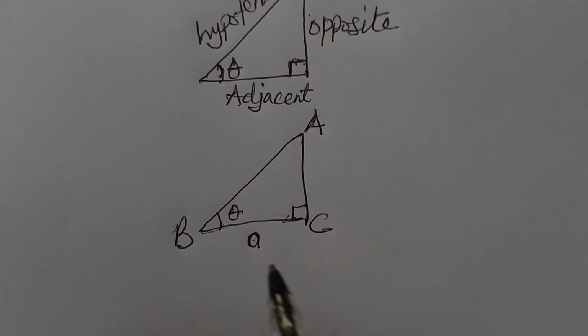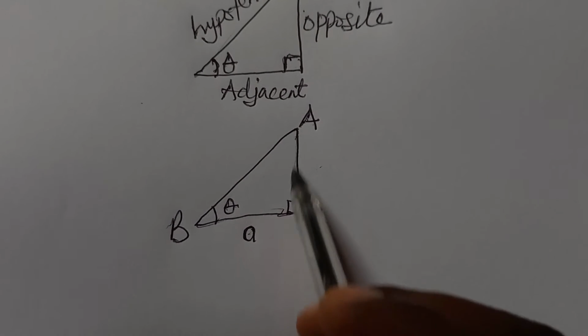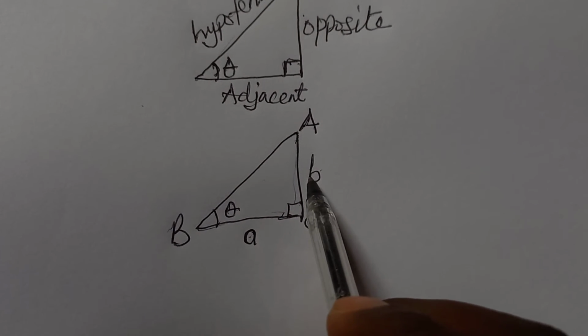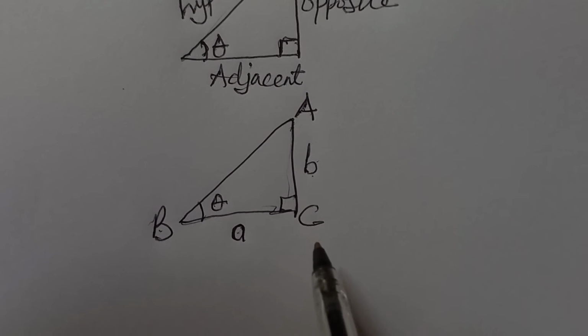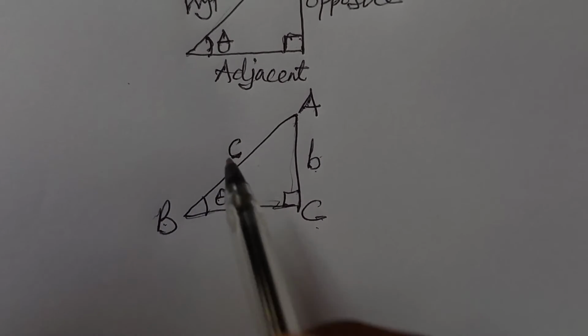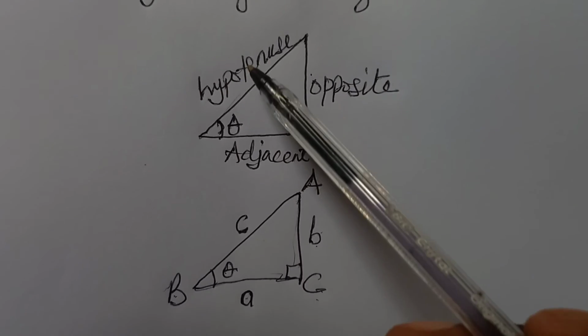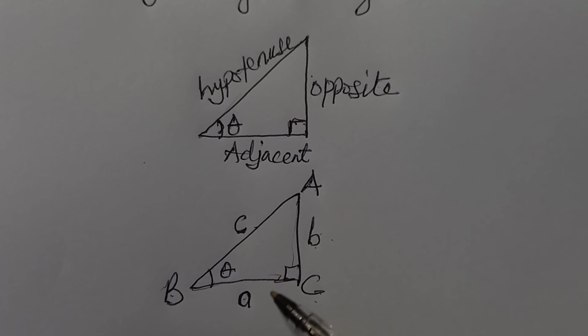Let's represent it with small letter a. The side facing this capital letter B, let's make it small letter b. And this other side facing this capital letter C, we can as well make it small letter c. So that is to say, this is corresponding to this, this to this, and this to this.